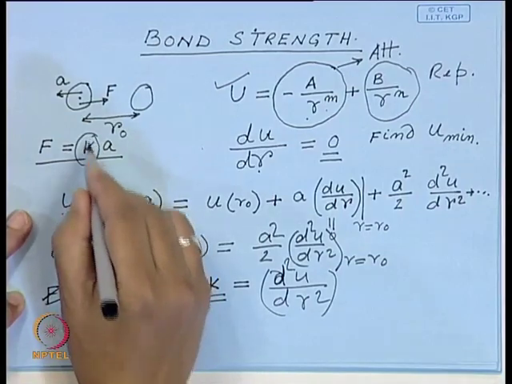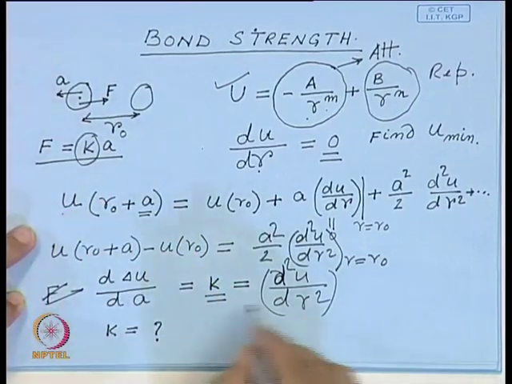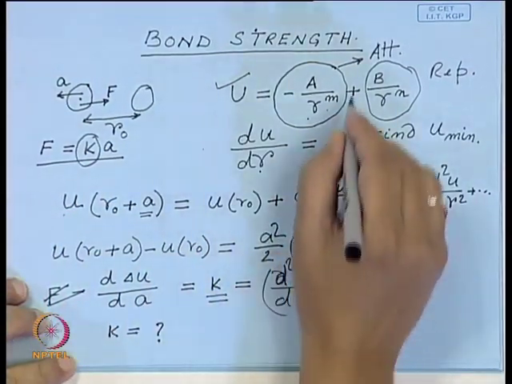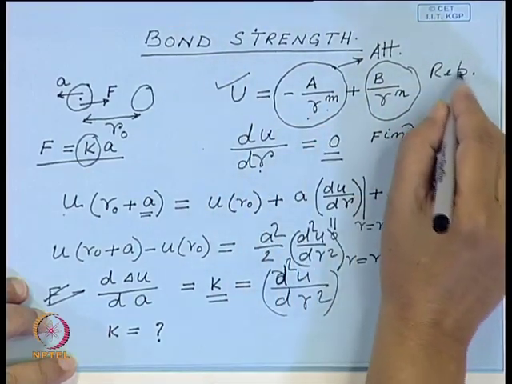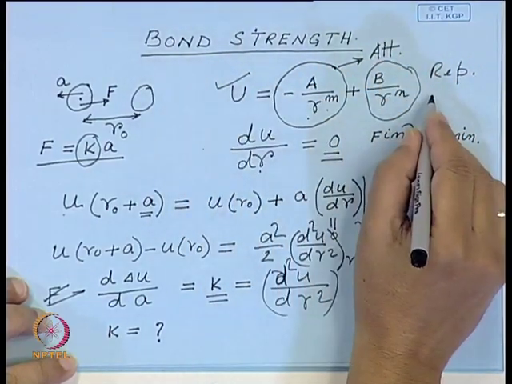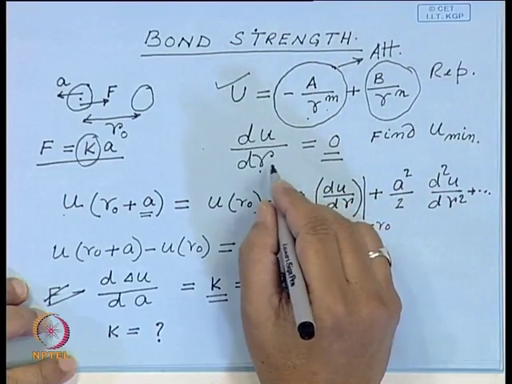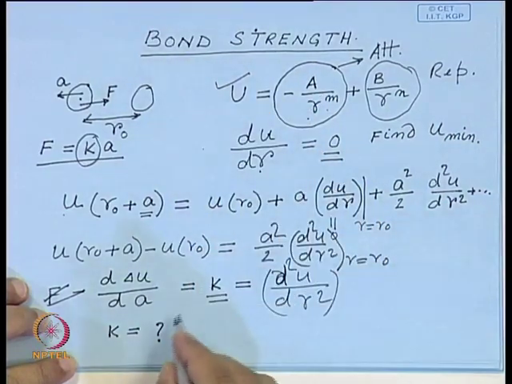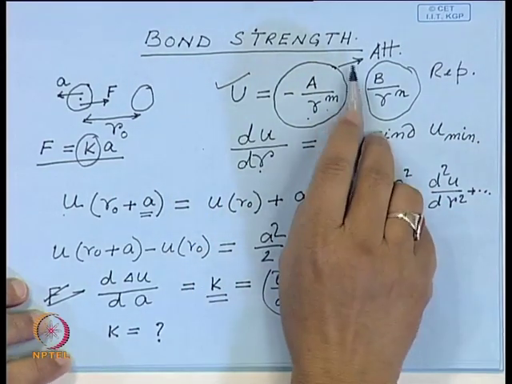So, this is k, and if you assume this energy is represented by this, you can try and find out k as well.